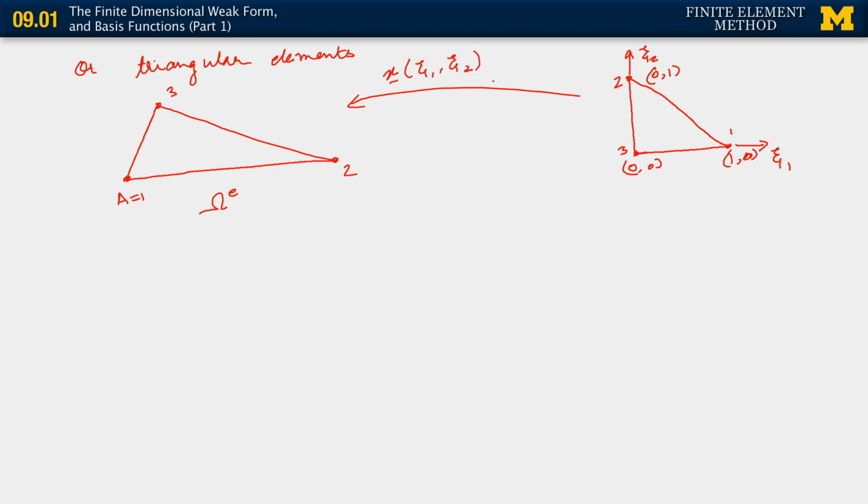Okay. All right. So in this setting, we will get our basis functions, right? There are two ways in which we would write our basis functions depending upon whether we were working with the bilinear quad or the linear triangle, right?